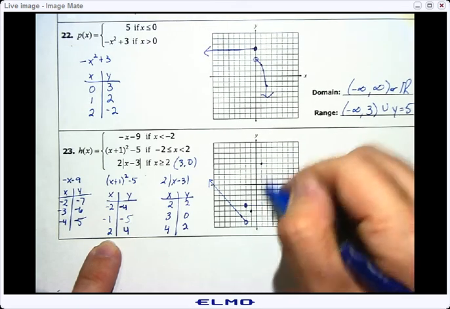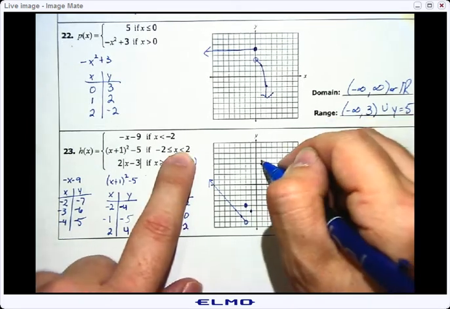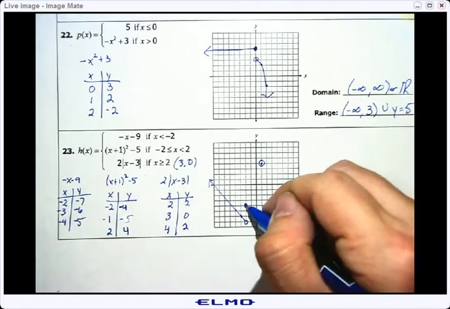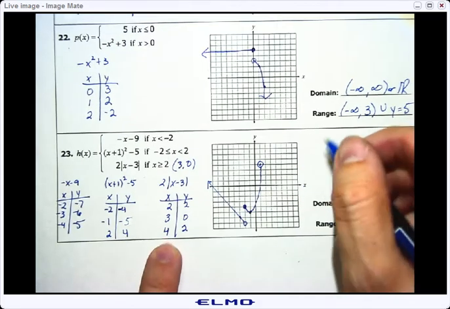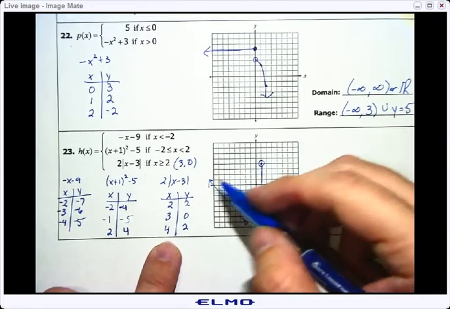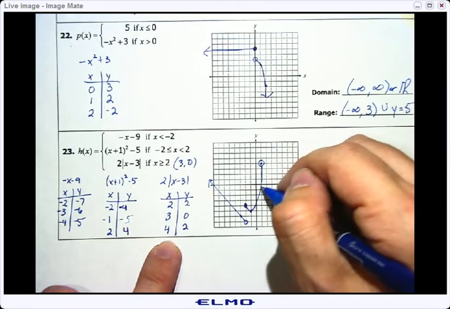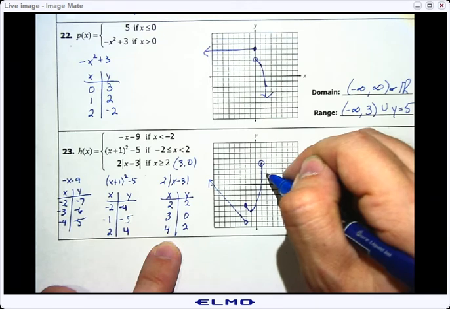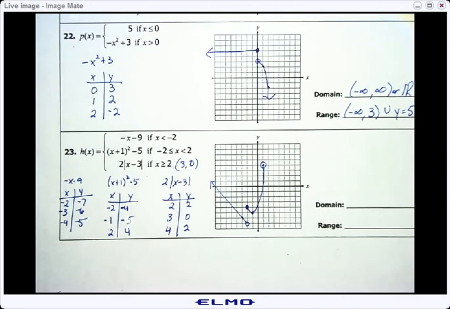So we're going to get a really sharp curve here. At that point, we should have an open circle. So make it have that parabola shape. And then here we got the absolute value, so I know I'm going to have that V shape, and it starts at 2, 2. Crap, I messed that up too. I'm just messing this all up.